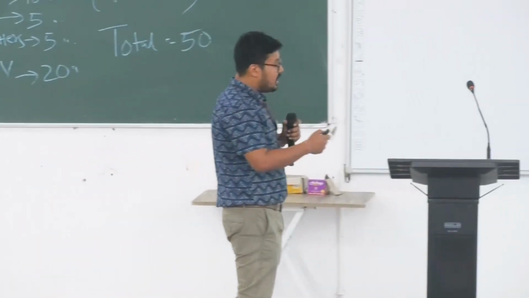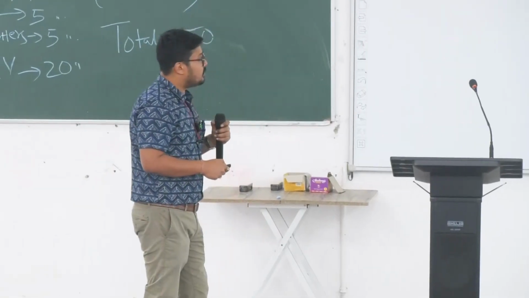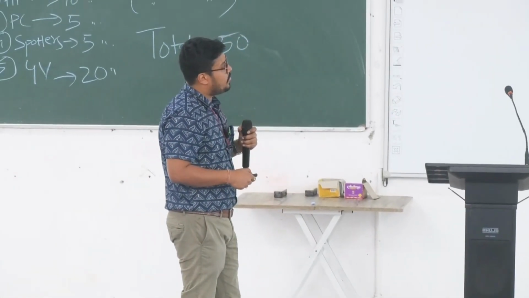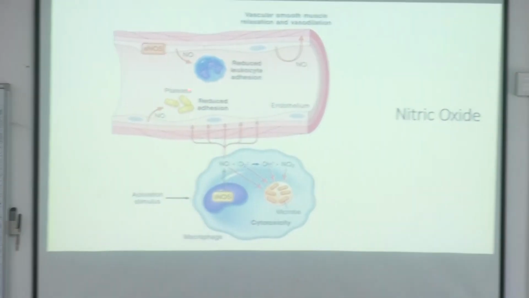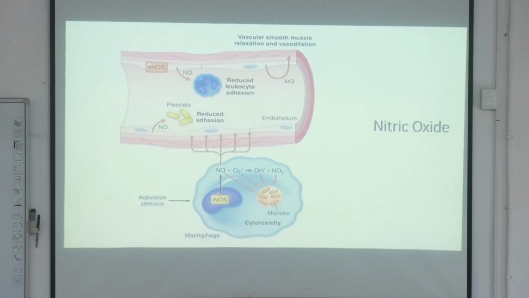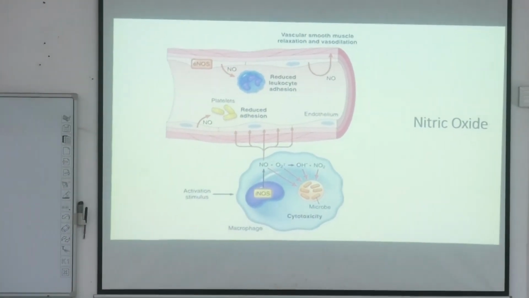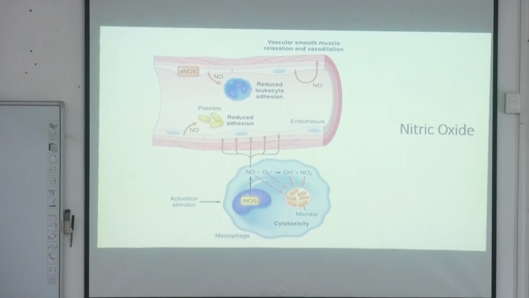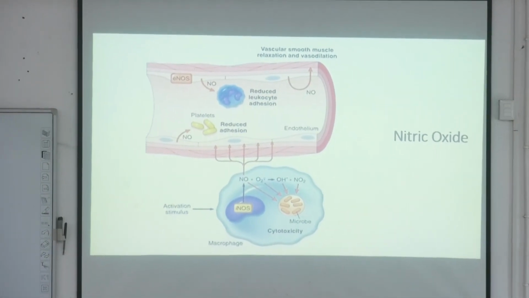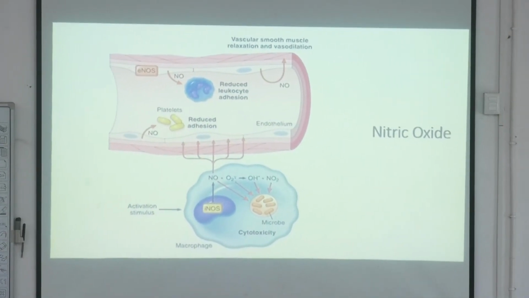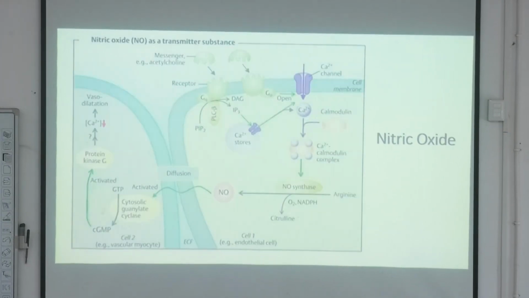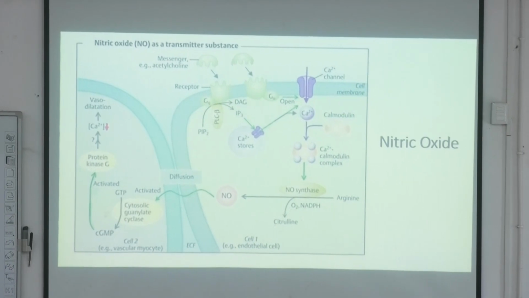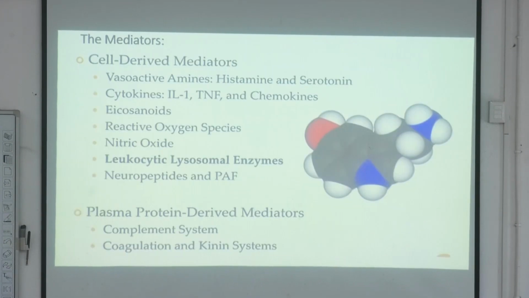How does it help? It causes vasodilatation, vascular smooth muscle relaxation, reduced leukocyte adhesion, and reduced adhesion of the platelets. So there is increased vascular permeability and vasodilatation. They help in acute inflammation. Nitric oxide also has a therapeutic effect, as I told you earlier. Nitric oxide as a transmitter substance is not important for you.